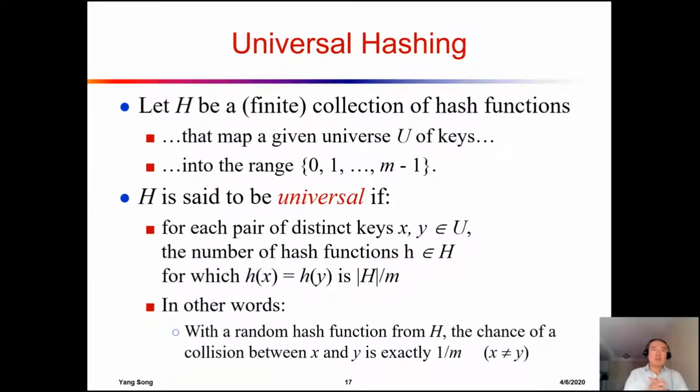Okay, here's a formal definition of universal hashing. We define H as a finite collection of hash functions, and those hash functions, of course, map a given universe of keys, that is U, into a range of slots, from 0 to m minus 1 if there are a total of m slots in the hash table.